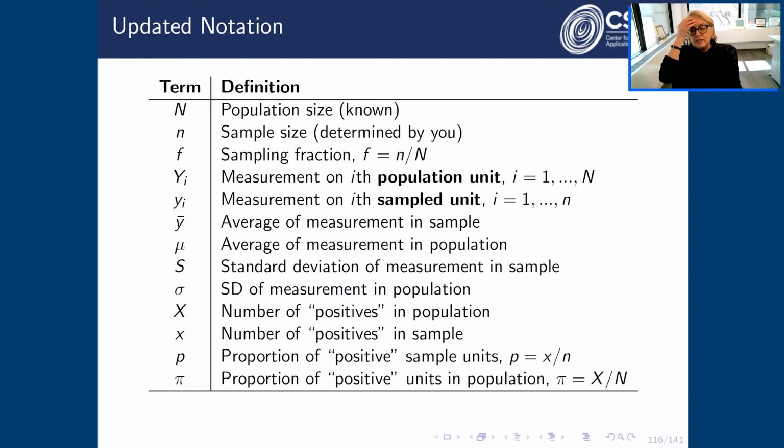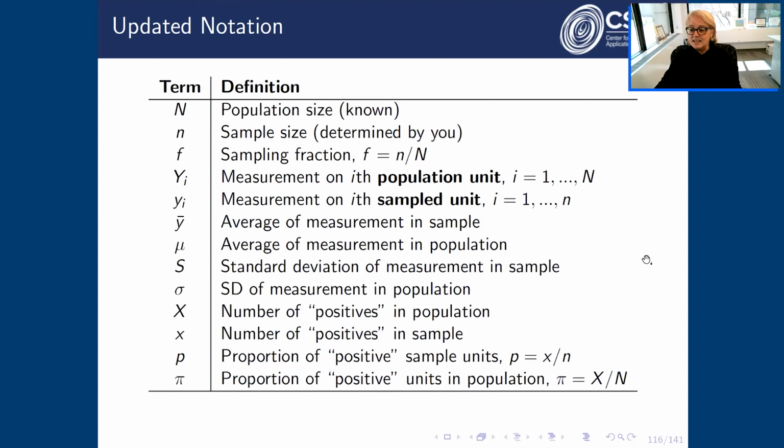Remember the notation we used last time around: the population size big N, the sample size little n, the sampling fraction little n over big N, the measurement on a population unit, the measurement on a sample unit, the sample average, the population average, the sample standard deviation, the population standard deviation, the number of positives in a population, the number of positives in a sample, the proportion of positives in a sample, and pi, which is the proportion of positives in a population.